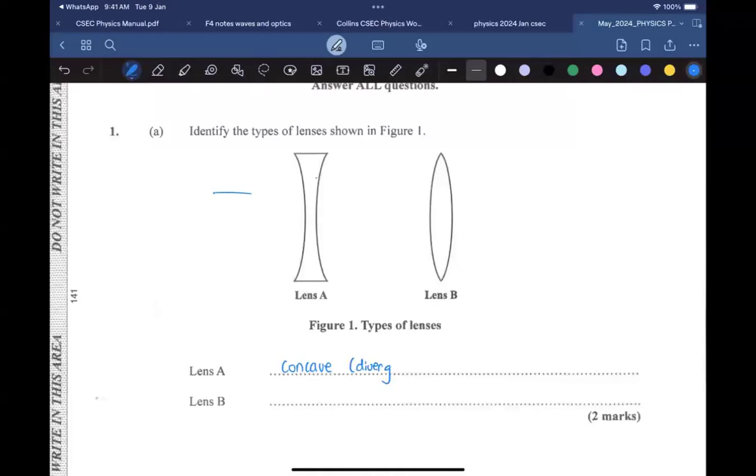So any light rays that come and hit it, what happens to them? They diverge, spread apart from each other. The only one that will go right through is if it passes through the optical center. But the others will diverge further apart. Okay. Lens B. Lens B is what kind of lens?